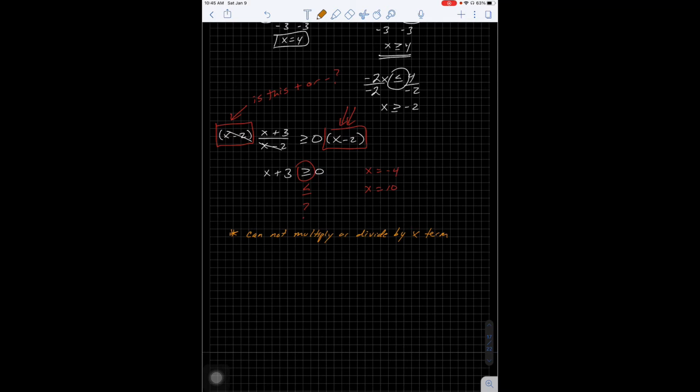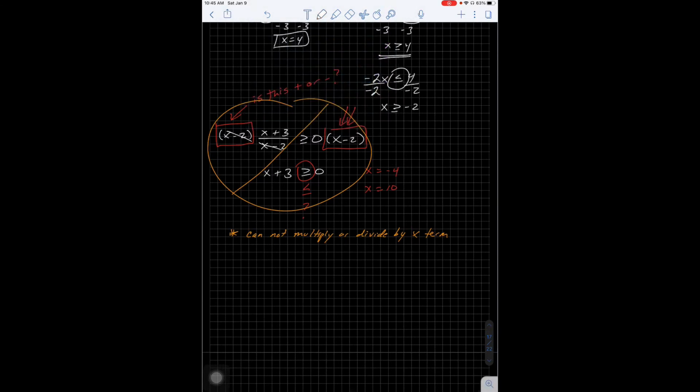You cannot multiply or divide by that because we don't know if you flip the sign or not. So we need a different strategy for solving these problems, and this strategy that we have done in the past is not going to work.